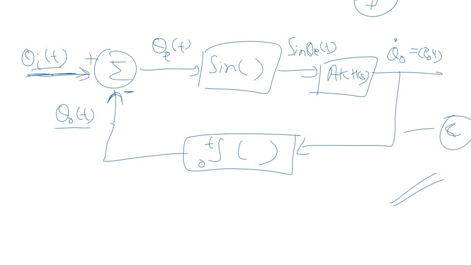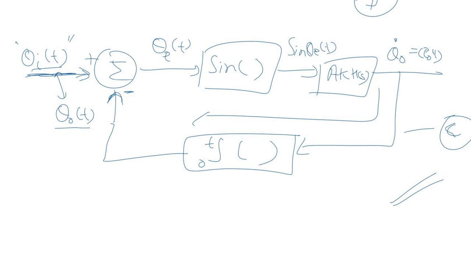The purpose is to minimize the difference between these two and fix that difference to a constant value. Even if there is some change in this phase, this feedback loop will function in such a way that again the phase difference will be minimized and remains constant.